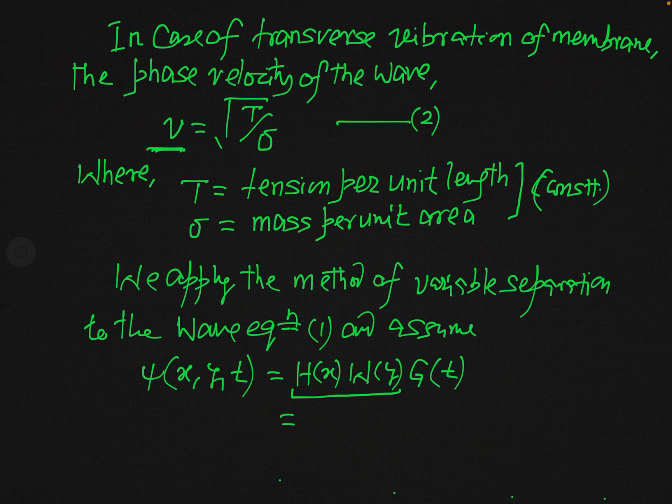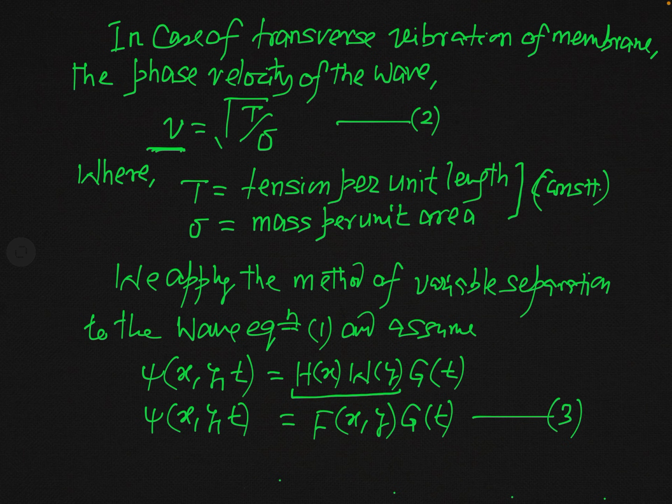So this product of h and w can be written as a function f of x and y times g of t. So you can write this solution psi of x, y, t equal to this. Say this is equation 3.